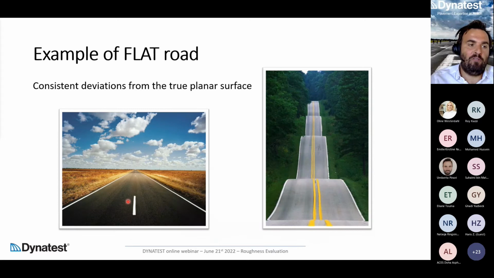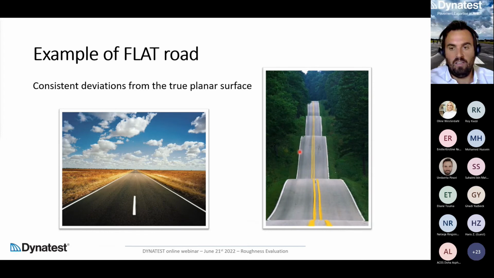So an example of flat road. These two pictures show roads that are characterized by a good roughness level. So there is no bumps. But what is different: in the left one, you see a completely flat land, and in the second one, the road is a hill.